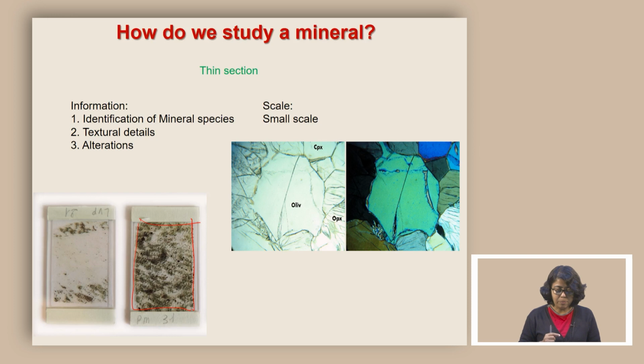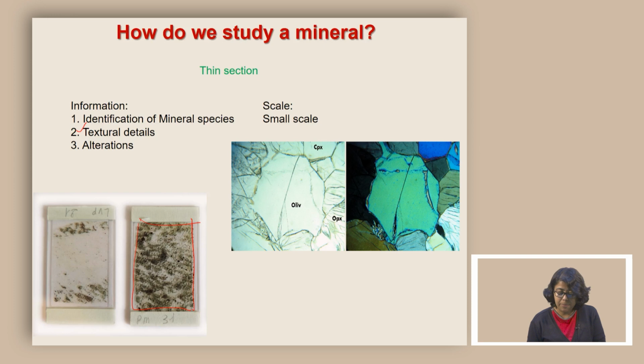Now, what we can learn from thin section studies is huge, because we can identify mineral species. So, it is not only the olivine group, but exactly what kind of specific structures we are seeing. We can also know textural details.